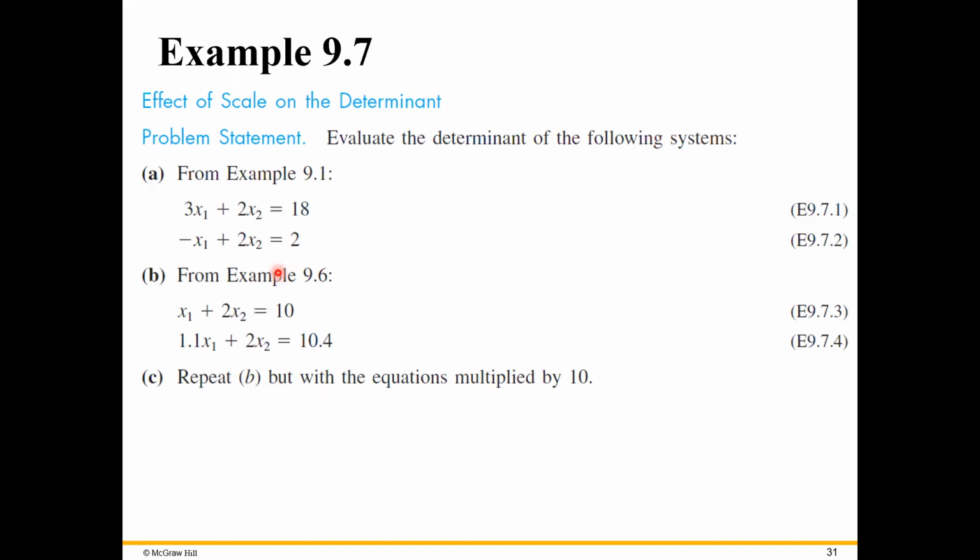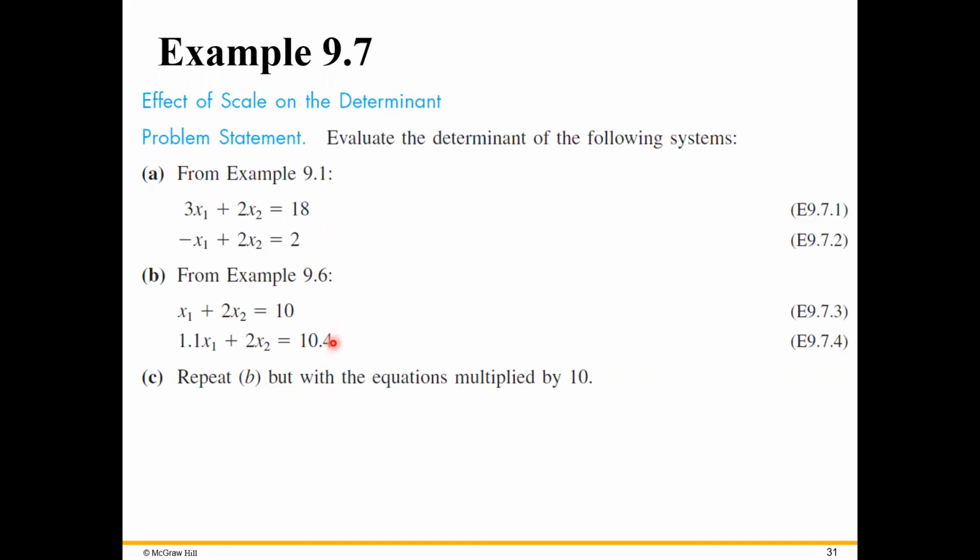And repeat B, but with the equations multiplied by 10. What does it mean? It means that first find the determinant of this system, and then multiply each of these equations by 10 and find their determinant.